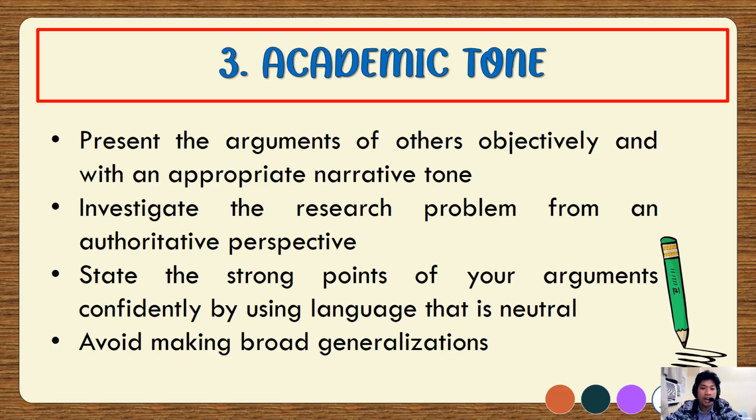Describe these arguments accurately and without bias or loaded language whenever you present an argument or a position that you disagree with. Next is investigate the research problem from an authoritative perspective. You have to state the strong points of your argument confidently by using language that is neutral, not dismissive or confrontational.